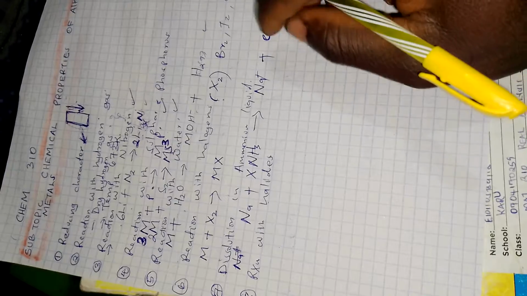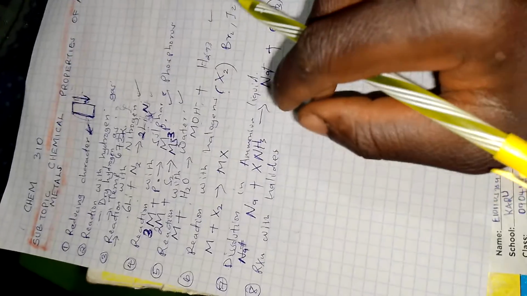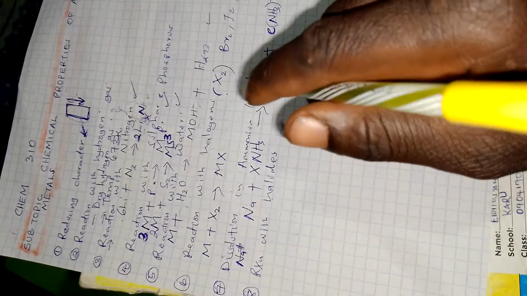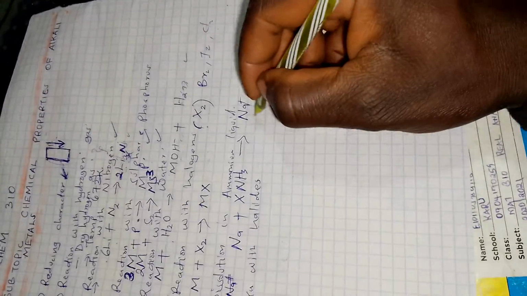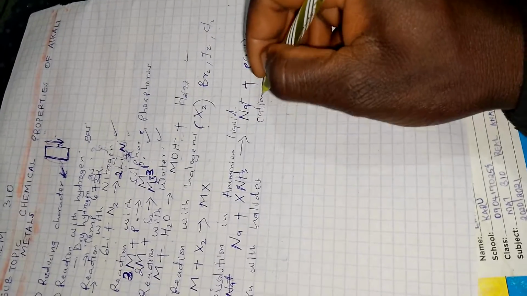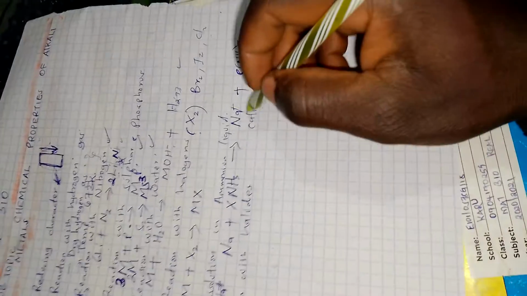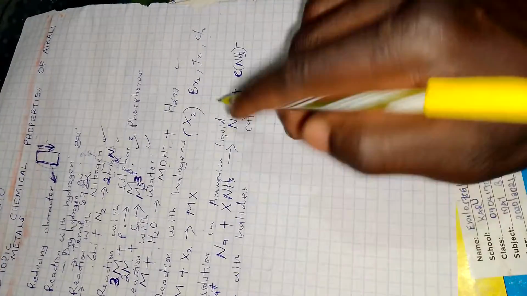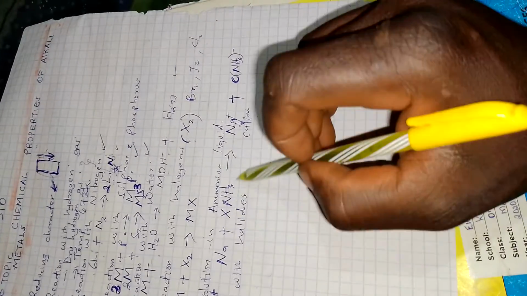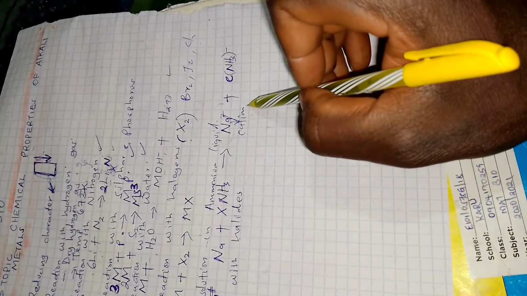So these are the solvated electrons. This is the cation that is formed after this sodium has lost the electron.